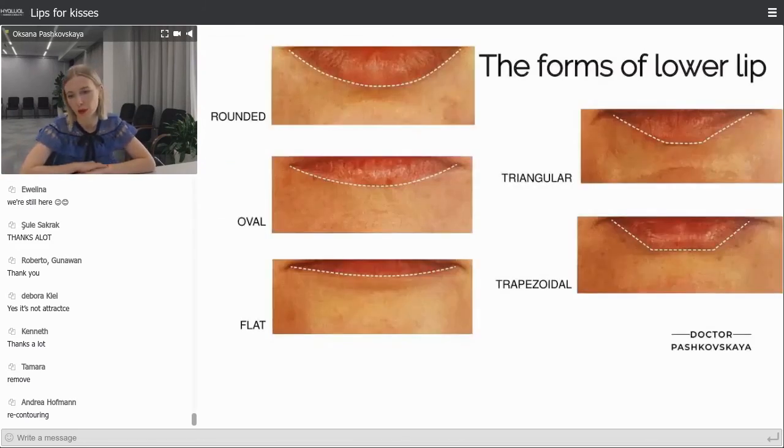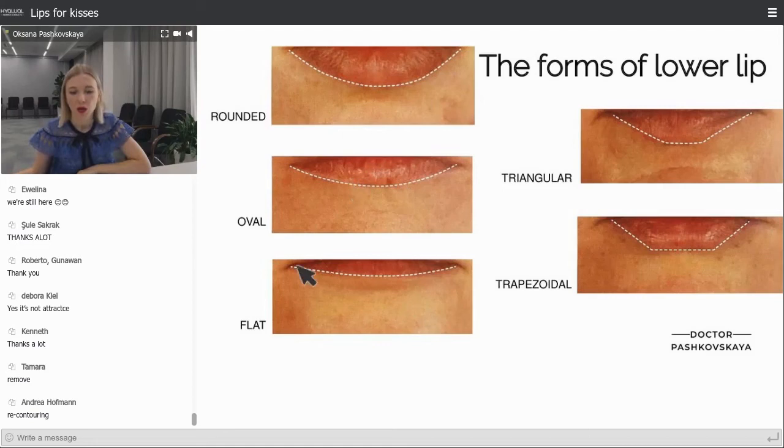And the form of the lower lip, you could make a screen, because it's really very important. For example, rounded we correct by vertical injections. Oval, we should put an accent on the lateral tubercles of the lower lip, and here I recommend you use a fan shape technique.